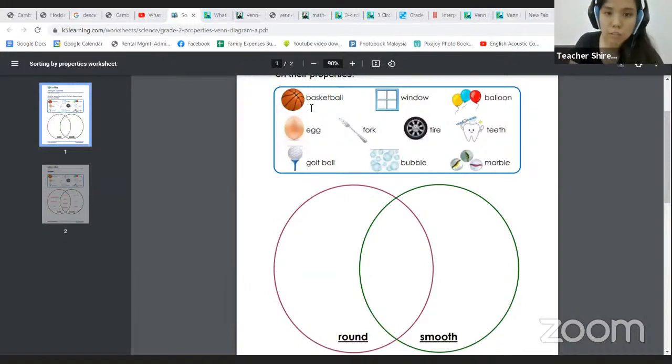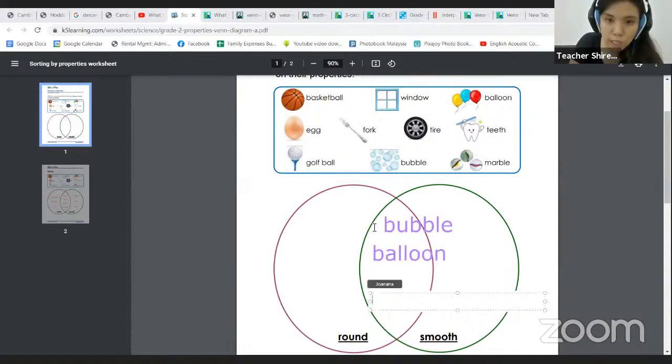Yes. Is it smooth? It's also smooth. So basketball is round and smooth, so it goes in the middle, which is the intersection.